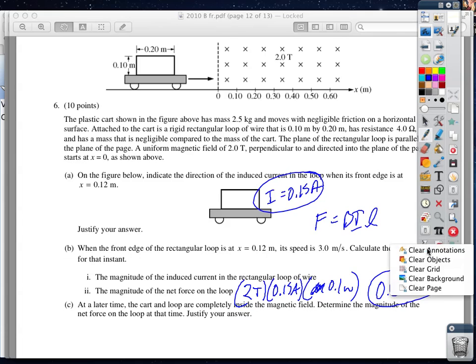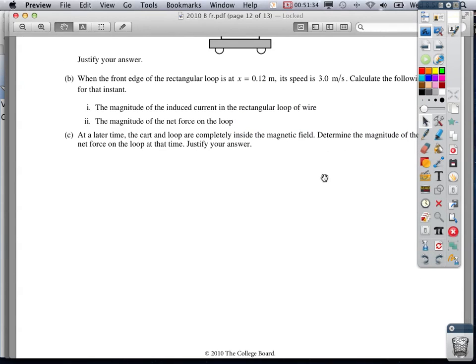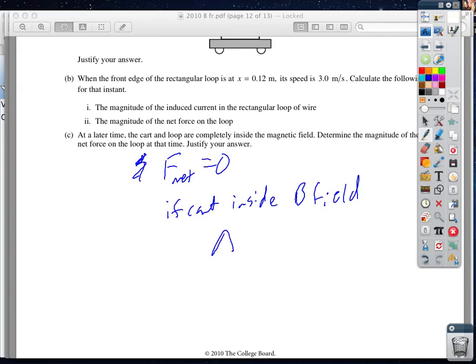And then finally, at a later time the loop is completely inside, determine the magnitude of the net force on the loop at that time. I guess I just put F net equals 0, right? Because if the loop is inside the B field, then delta phi is 0.